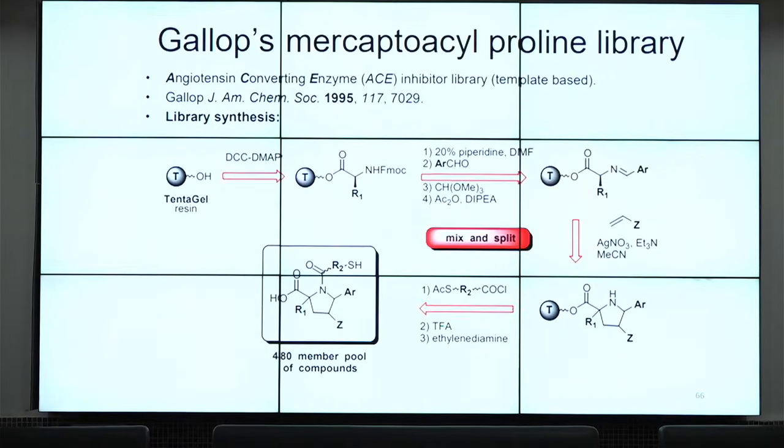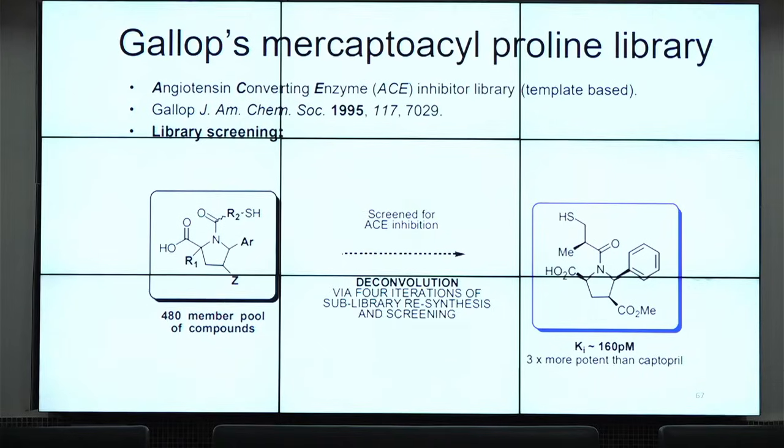This is another one, a total of 480 member pool compounds. This is the proline based library, Gallop's mercaptoacyl proline based library. You keep the proline intact and do all sorts of diversity on it. Here you can also see this particular compound, which I talked about yesterday, that captopril compound. It is about 3 times more potent than captopril.